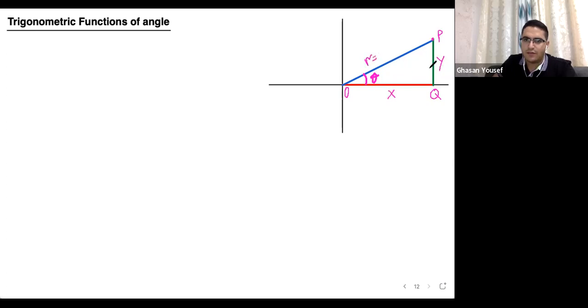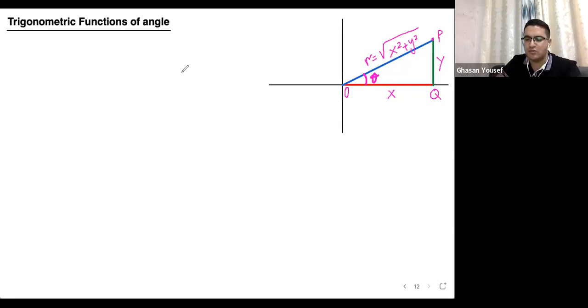My R, by using the Pythagorean theorem, equals the square root of x squared plus y squared. Now I can define the sine, the cosine, and all these functions. I do not use ratio, I use function. So my sine function equals y over r, such that r does not equal 0.